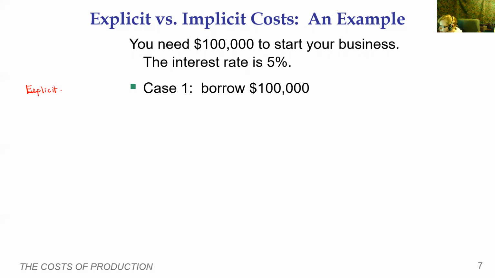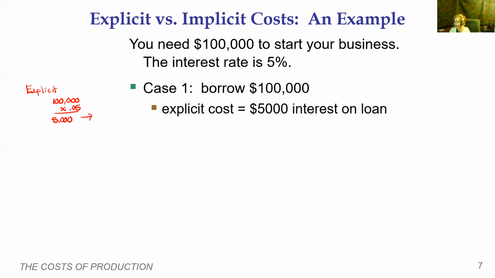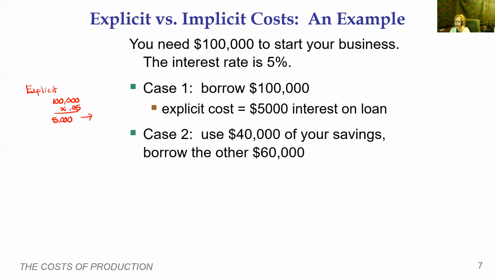The opportunity cost is simply not borrowing the money. So the explicit cost would be the $100,000 times the 5%, or $5,000 is the explicit cost to doing this. There is no opportunity cost because it's borrowed money.